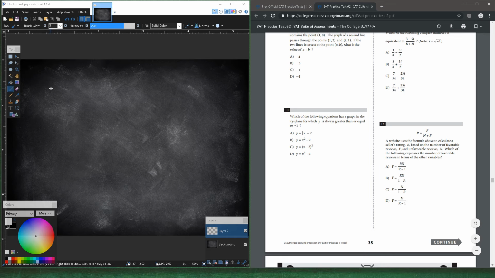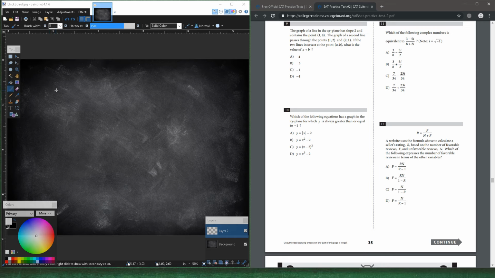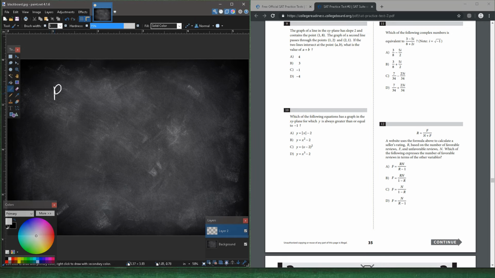What you want to do first is multiply both sides by N plus F. So R times N plus R times F is equal to F. Then just move RF to the other side. If you take out the R, that's just R times parentheses N plus F parentheses. And if you divide that from both sides, you get F divided by N plus F is equal to R. So this is the same thing as this.